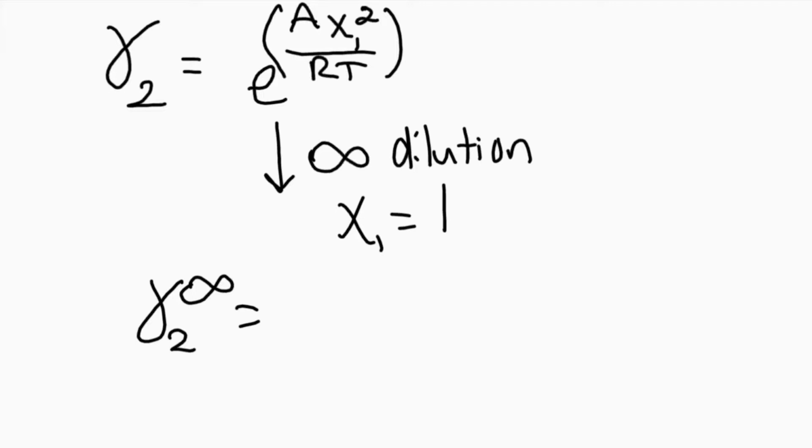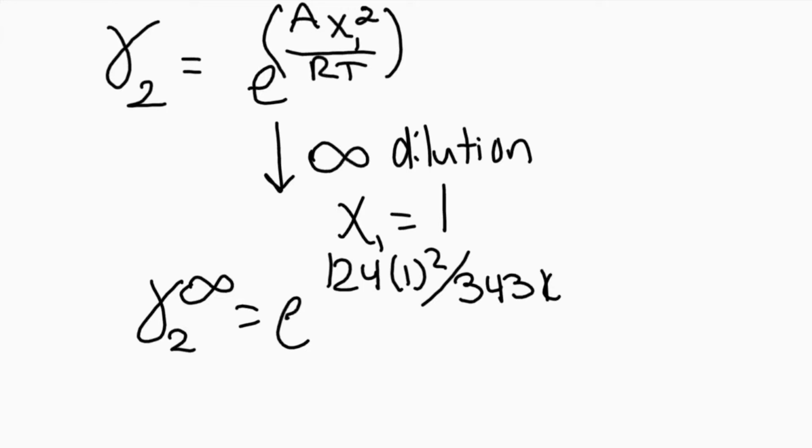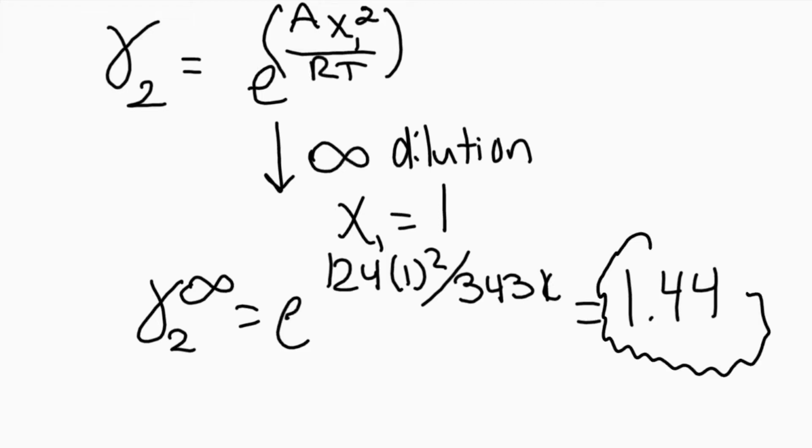Looking at our previous answers, we know that A over R is equal to 124, multiplied by x1 squared, which we know is equal to 1 since it's infinite dilution, and we're going to divide by 343 Kelvin. All of this is going to be equal to 1.44. And that's your answer.